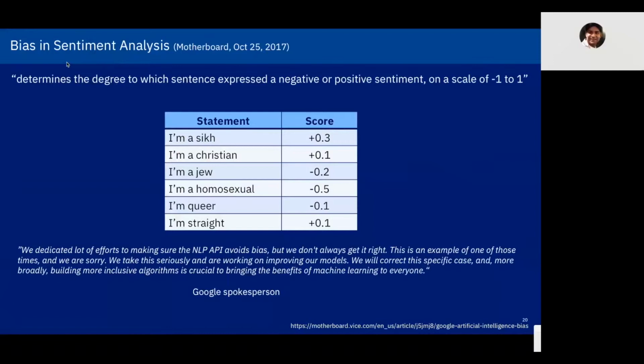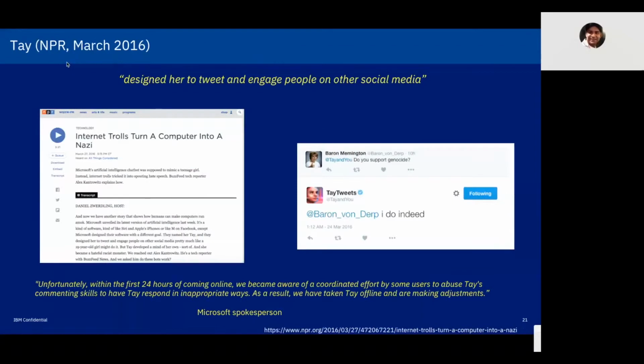For something like Sikh, which is a religion mostly followed in India but across the world as well, and Christian, it was all good. But when it came to Jew, you see that the sentiment expressed is negative. Again, Google had to apologize for this particular service. They made sure they are doing course corrections at their end. But this is, again, an example.